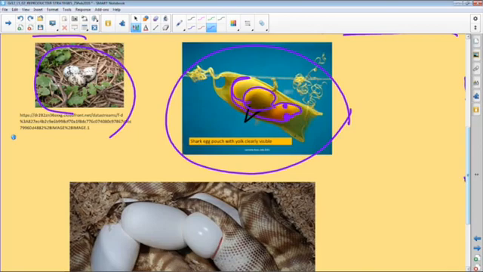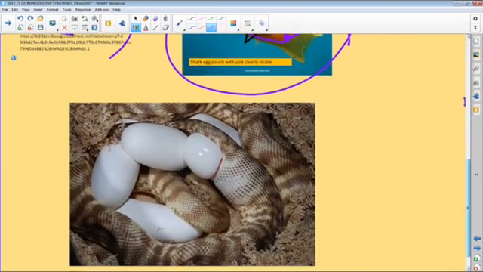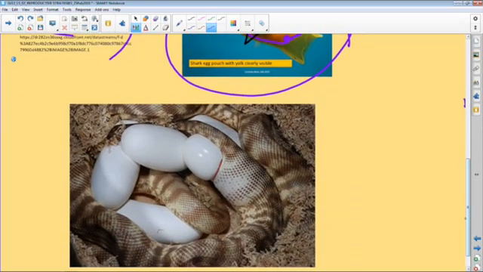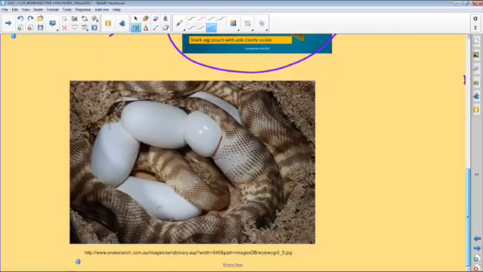Now, we have this, a snake. Okay, now, I've put the snake here. I just want to know if I'm wrong or if I'm right. Because in the beginning of the show, I said to you that ovoviviparous is some snakes. Okay, think about it. Is there an egg there? Can you see an egg?